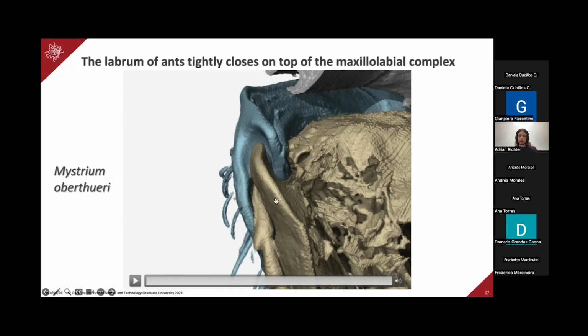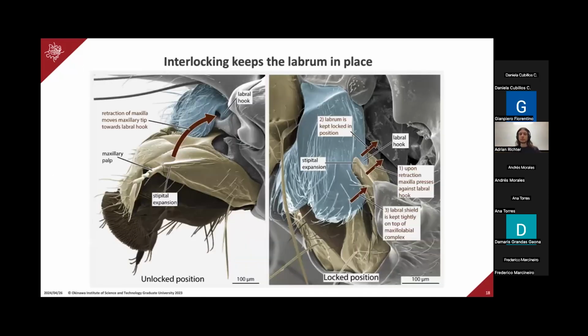Part of the maxilla is pressed against this hook, and that locks the whole labrum in position in front of the other mouthparts. And that pulls the labrum really tightly on top of the other mouthparts. And so the mouth is really tightly sealed off in ants, which is not a feature that you have in any other insects that I'm aware of.